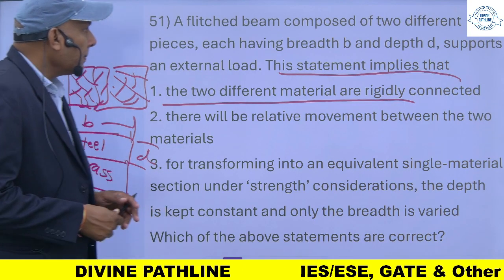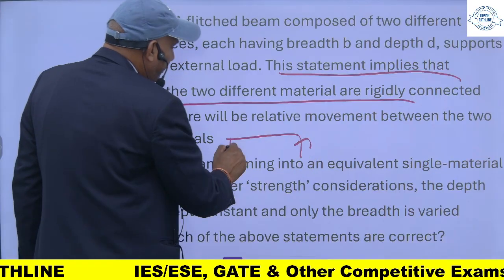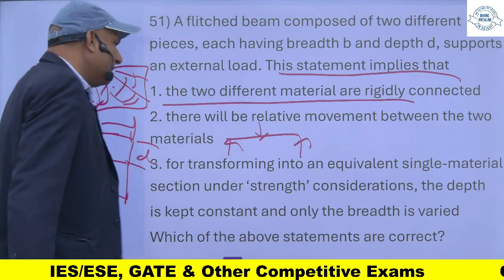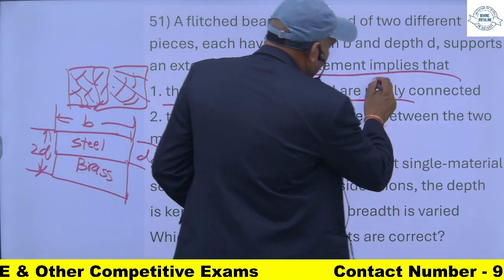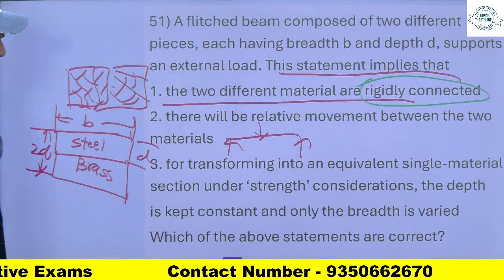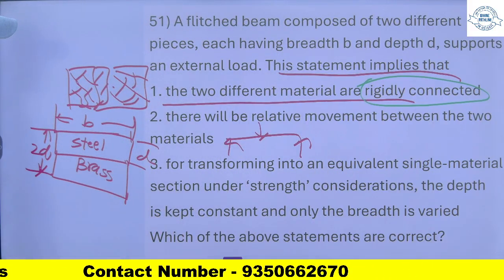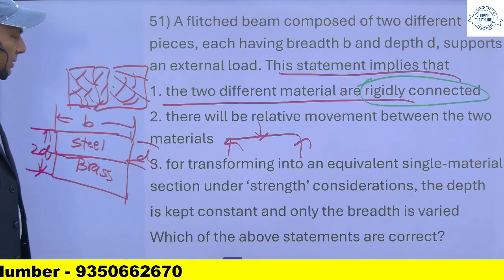They are subjected to an external load. The statement implies that the two different materials are rigidly connected. Rigidly connected means now they are behaving as a single unit. So they will bend about their common axis, the neutral axis.